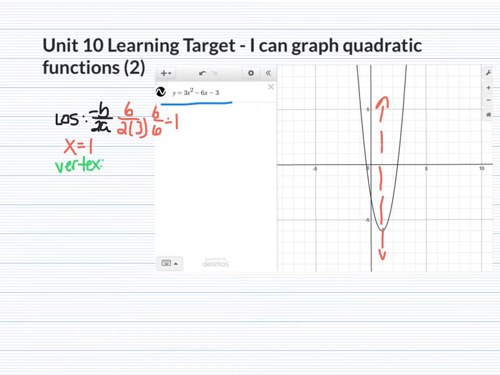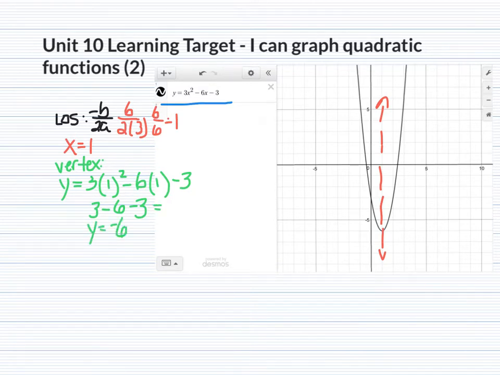So plug 1 in. y equals 3 times 1 squared minus 6 times 1 minus 3. 1 squared is 1, so I've got 3 minus 6 times 1 is 6, minus 3. 3 minus 6 is negative 3, minus 3 is y equals negative 6.